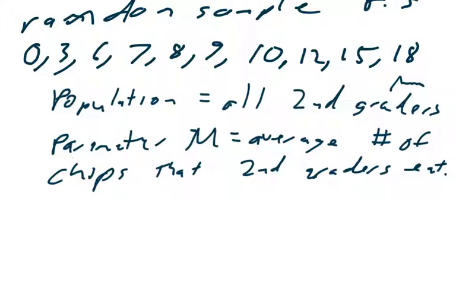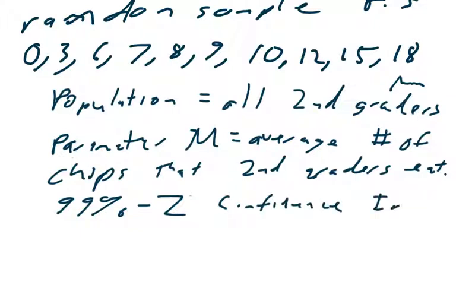Alright. Then we need to come up with, and we are doing a 99% confidence interval. We're going to call this a Z confidence interval, because even though it's the only confidence interval we know right now, at some point we're going to have others. So we're going to name it.